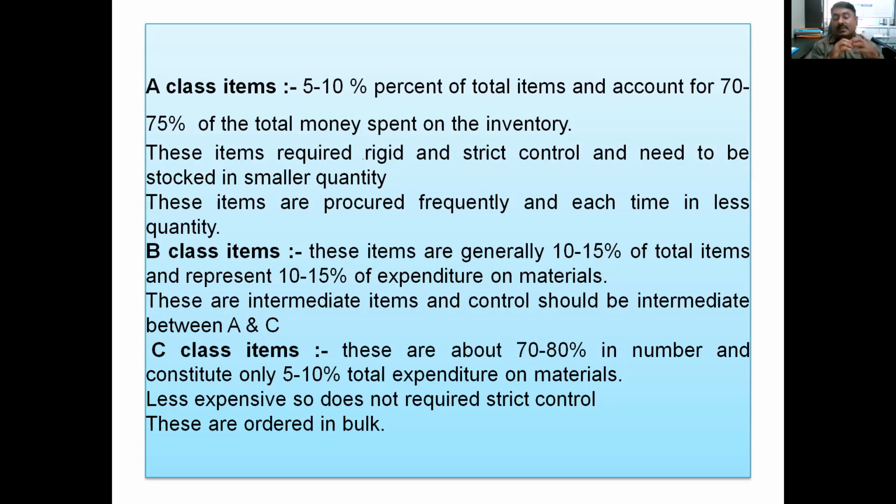These are ordered in bulk. If you are ordering nuts and bolts, it will be an order in bulk. Then if you are ordering some of the wiring systems or some of the wires that are required, you may order bulk quantity. If you are ordering the silencer system, depending upon the case and the cost, it may be categorized under A or under B because it is one of the significant parts required.